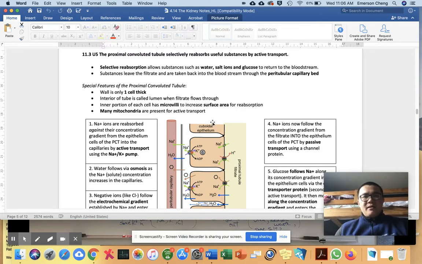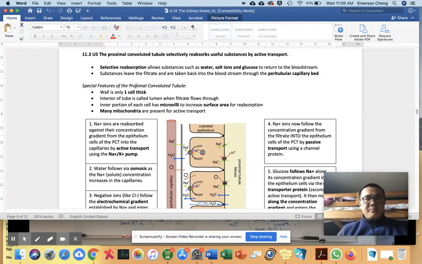You will see these features again later on when we learn much more about the digestive system, because these are features not just for the proximal convoluted tubules, but for a lot of our system, so that we can quickly absorb material through a membrane or wall.